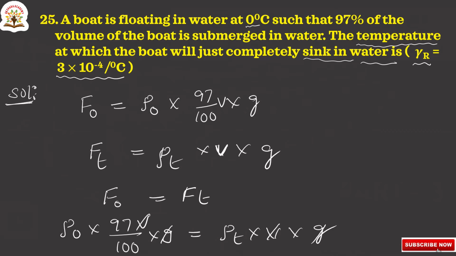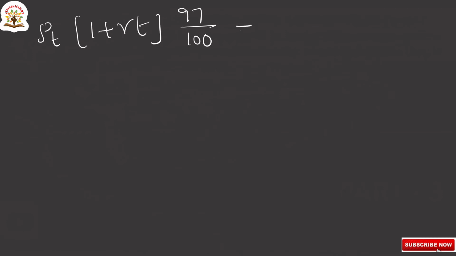And the next, rho naught can be written as rho T of 1 plus gamma T, into 97 by 100 is equal to rho T. So here again rho T gets cancelled. 1 plus gamma T is equal to, here it comes in the reverse, 100 by 97.